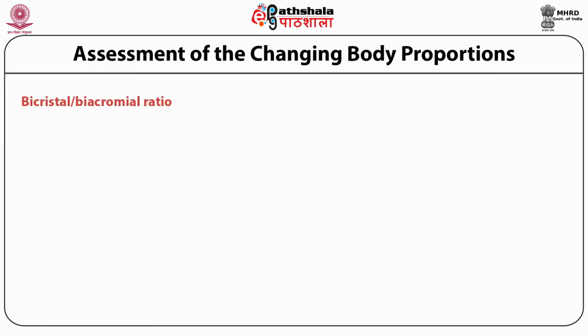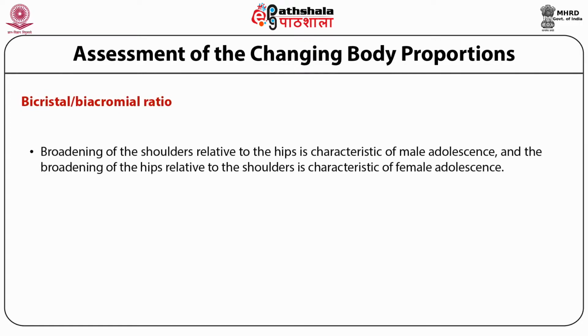Now, what is the bicristal biacromial ratio? Broadening of shoulders relative to hips is characteristic of male adolescence, and the broadening of hips relative to shoulders is characteristic of female adolescence. The ratio of bicristal to biacromial breadth indicates the differential growth of these two trunk dimensions during childhood and adolescence.